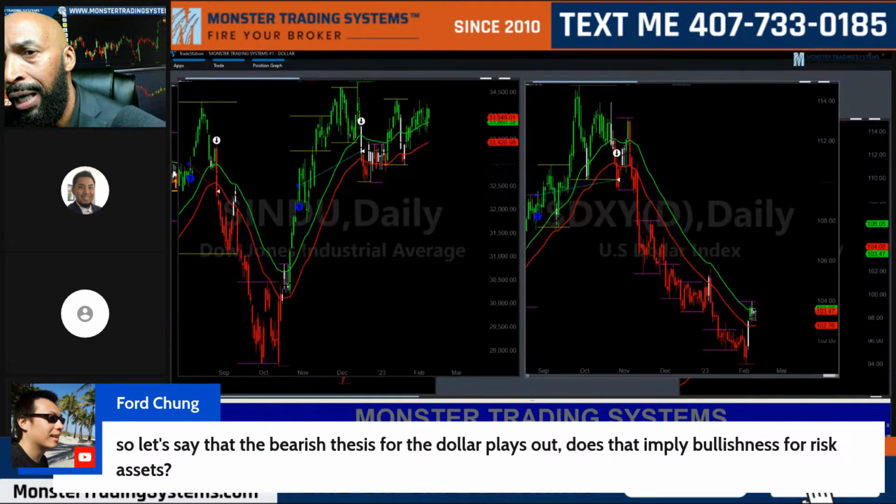The dollar made a high here in October, whereas the Dow made a low in October. So the dollar made a high in October, and the Dow made a low in October here.